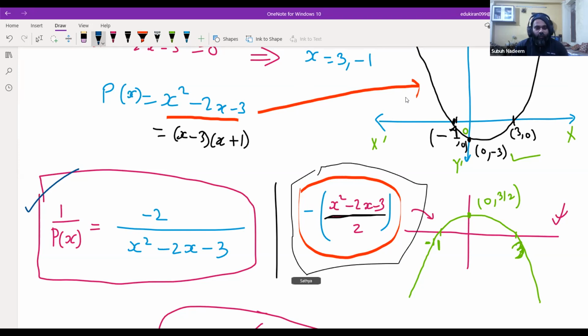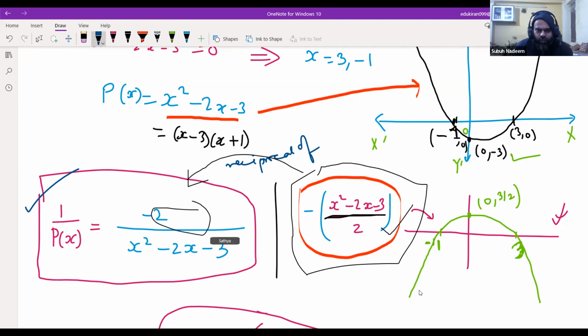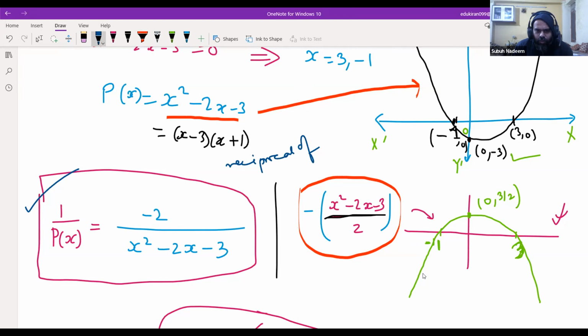This is the reciprocal of this. Correct. So this green graph is the graph of which function? Of this. Yes, but which function's graph do you want to draw? Of this one. So you have to still find the reciprocal, no? Plot the reciprocal graph.